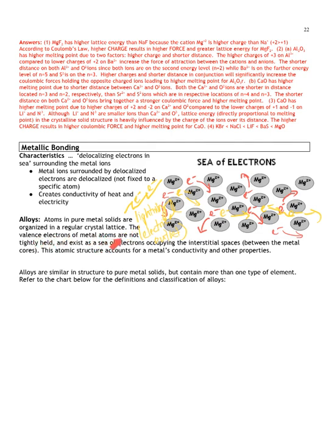The valence electrons of metal atoms are not tightly held and exist as a sea of electrons, occupying interstitial space, so these empty spaces between the metal and the core. This atomic structure accounts for the metal's conductivity and other properties, which we just described. Alloys are mixtures of metals with other metals, or metals with other non-metals as well.